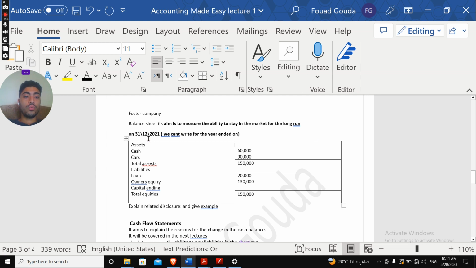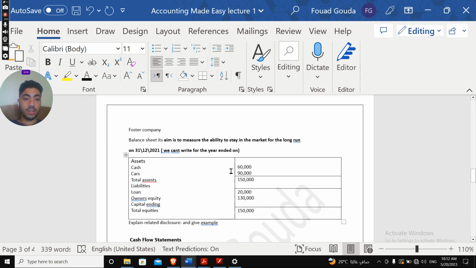On 31/12/2021, let's take the year ended. Let's keep the story simple again: assets equal liabilities plus owner's equity.